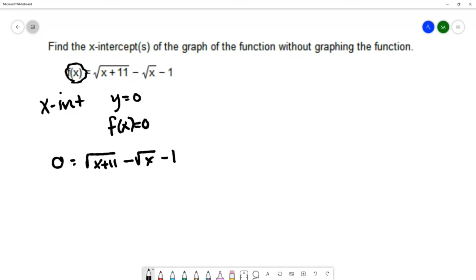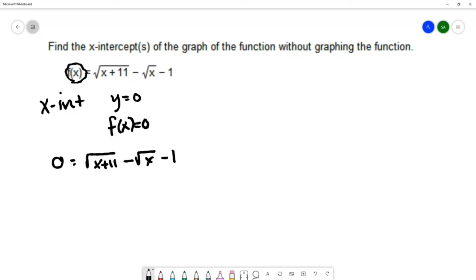And this is what we call a radical equation or a root equation. The strategy that we're going to use to solve this type of equation is to isolate the radical and then get rid of the radical.